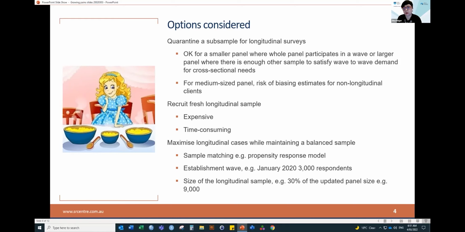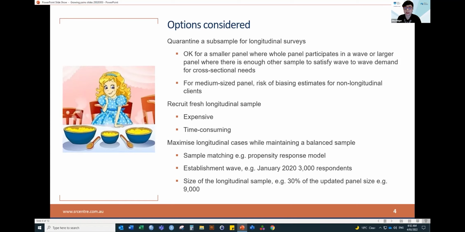been halfway through COVID. So what we tried to do is look at the matching sample approach, where we tried to create a balanced sample using a propensity response model, where we looked at those panelists who stayed in the panel for a long time.